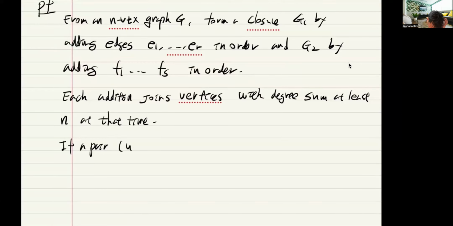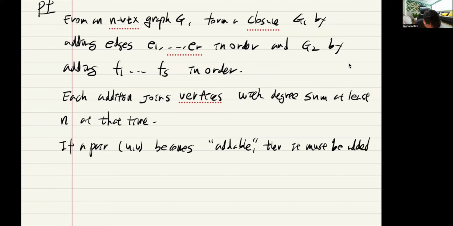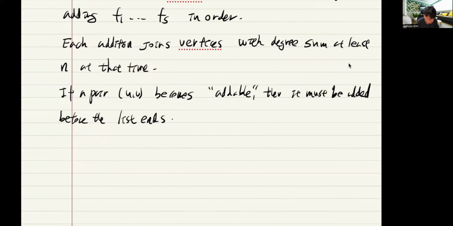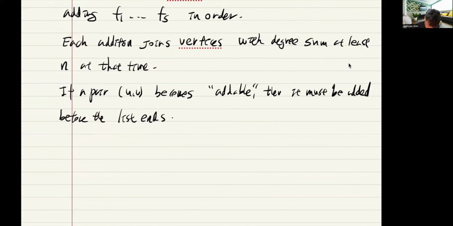So if a pair UV becomes addable, meaning that their degree sum is at least n, then it must be added before the list ends. At some point, it should be added. It means at the end, there are no more addable pairs that we could add.